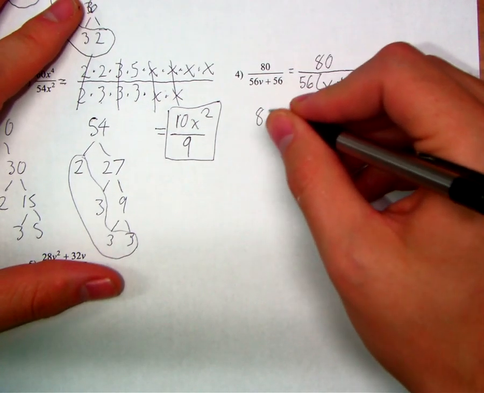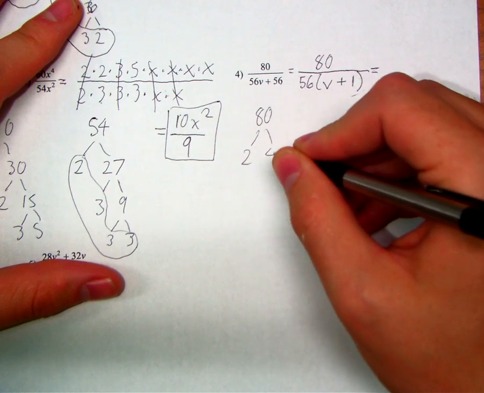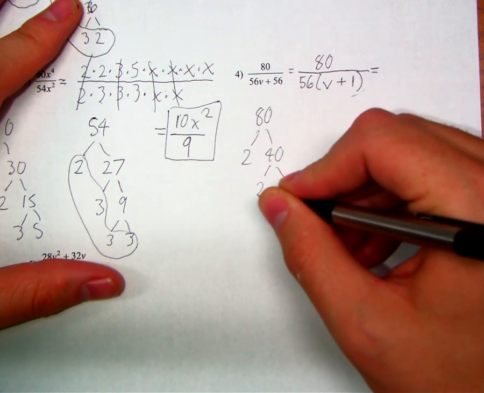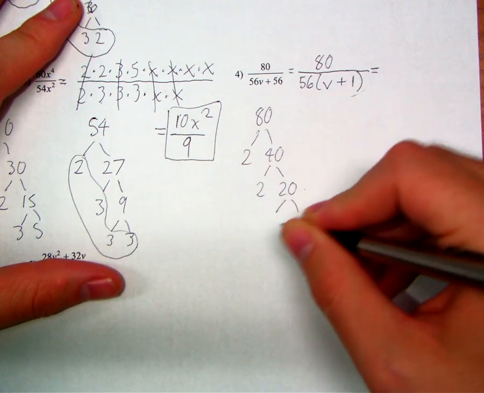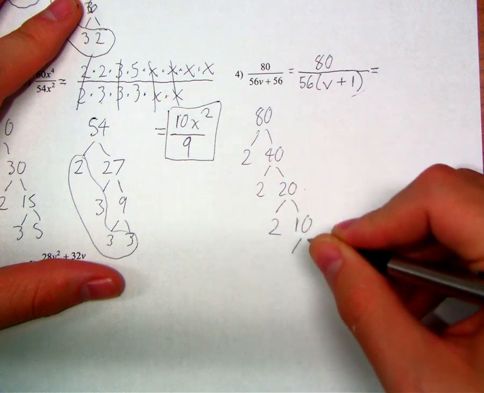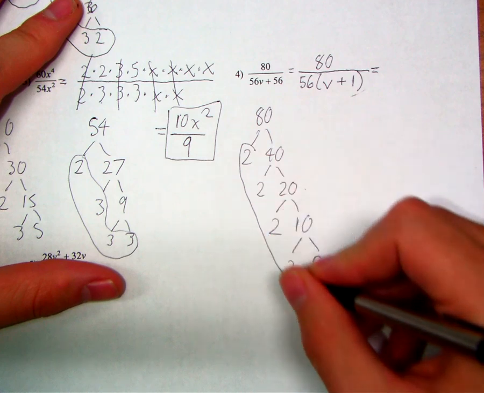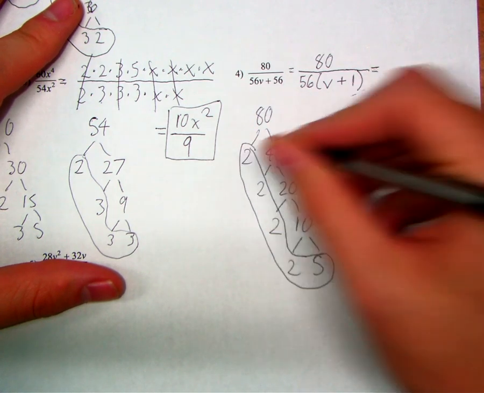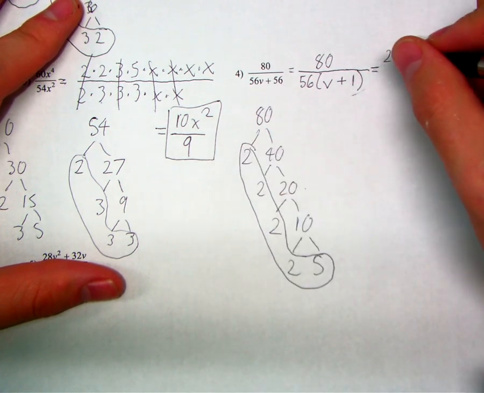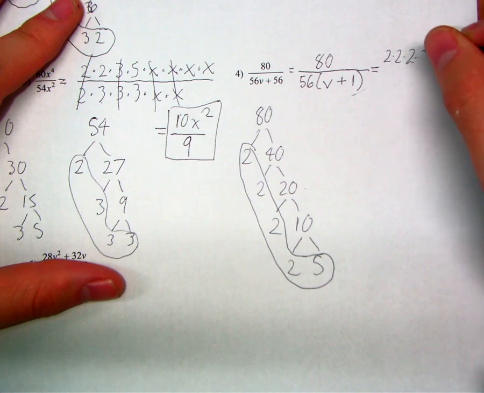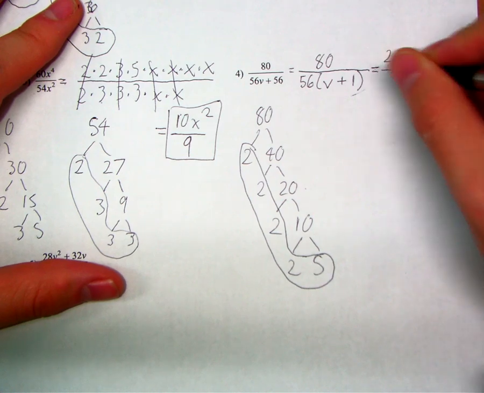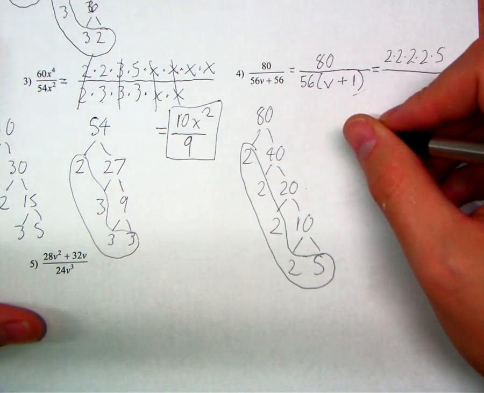So 80 breaks up to 2 and 40, which breaks up to 2 and 20, which breaks up to 2 and 10, which breaks up to 2 and 5. So 80 is 2 times 2 times 2 times 2 times 5. 56. Have we done 56 before?